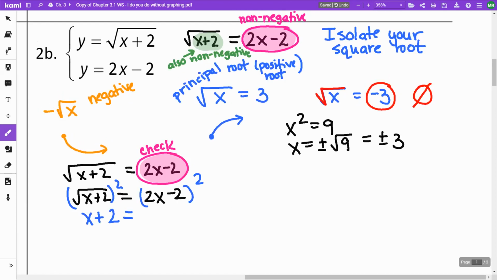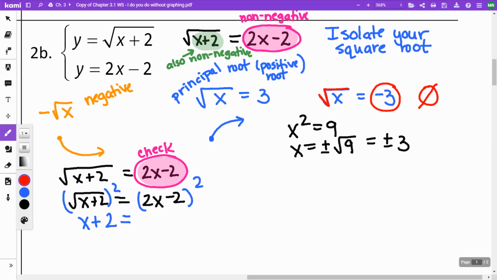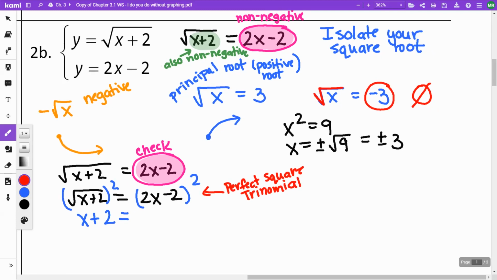So when I square that, I'm going to pause this for a second. I'm restarting it. This right here is a perfect square trinomial. If you need to work it out doing an area model, work it out doing an area model.